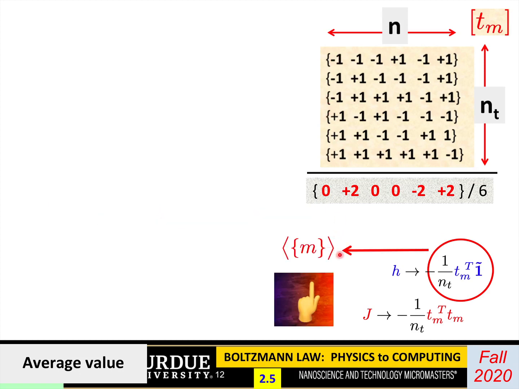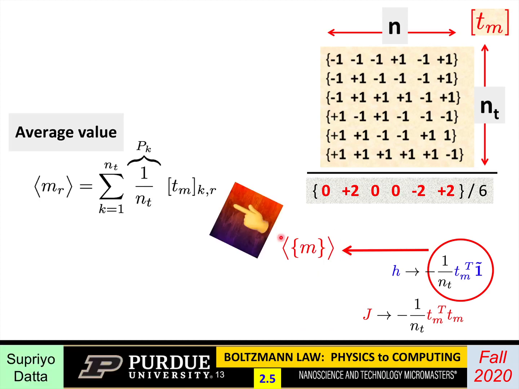That's what this is. Or you could write it mathematically in this form. That is, what's the average value? Well, you have to sum over all lines of your truth table. And for each line, you look at this truth table. K tells you which row, that is, which line of your truth table you are on, and R is the particular bit that you are considering.